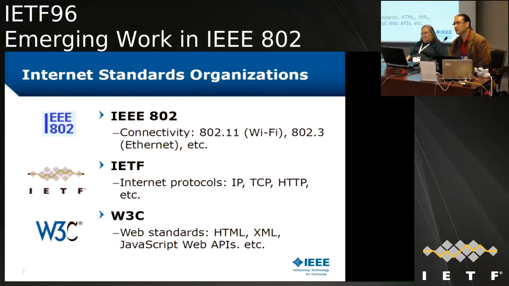These groups normally define layer 2 or layer 1 technologies. We work together with IETF to define the rest of the stack, and then also with W3C to define the application in upper part of the stack. These three organizations work together not only to define these protocols, but also in the privacy side, we are coordinating efforts.